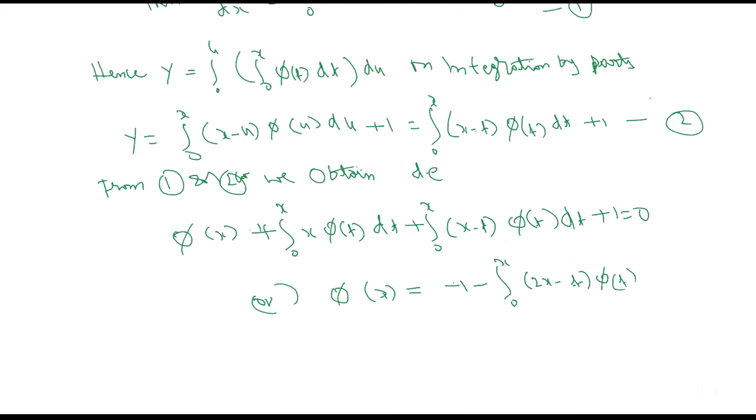Phi of t is the unknown function. This is the kernel, and f of x is a known function.